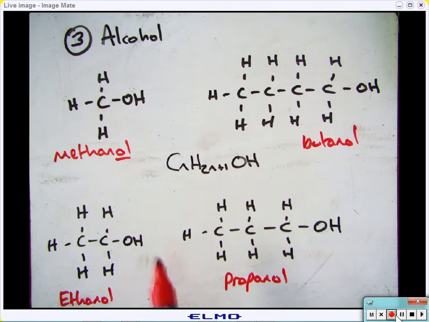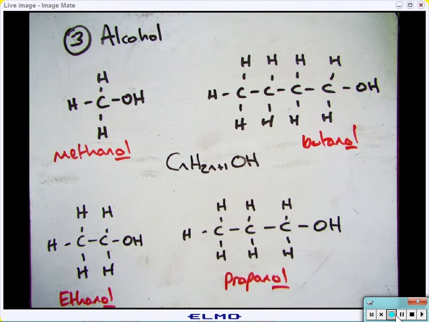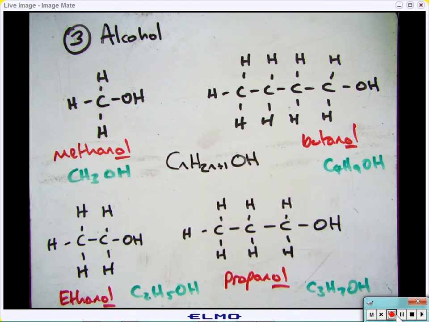Naming, it's just the same name as the alkane, but with ol on the end. Methanol, ethanol, propanol, butanol. And there you have the structures. So CH3OH for methanol, C2H5OH for ethanol, C3H7OH for propanol, and C4H9OH for butanol. Obviously remembering to add the OH on the end for each one.